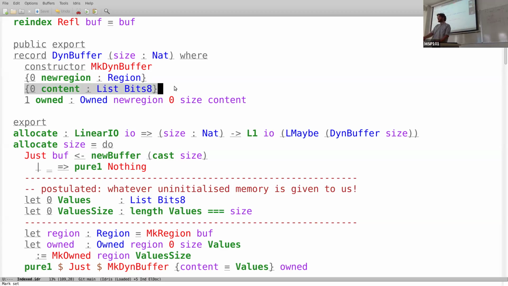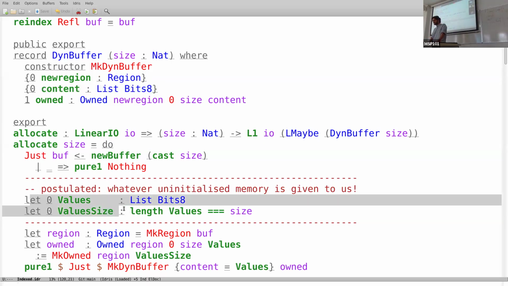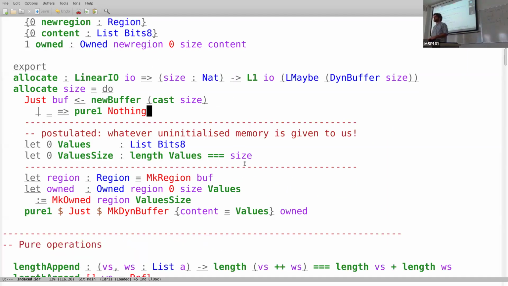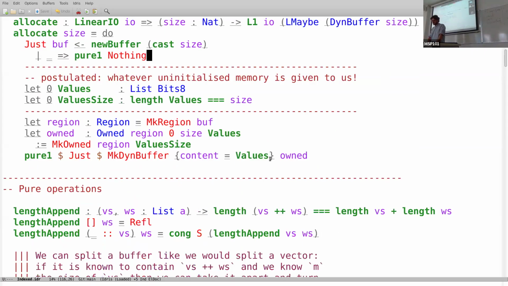If you were to allocate with a public export, then you could actually notice that it's always the same postulate that's being fed as the content. Therefore, you could prove in theory that allocating two different buffers gives you exactly the same content at the start. That's not something you want to be able to prove because we're not making any assumption about whether it's initialized or not. So it is crucial here that everything is just export, not public export. Yeah, both the data types and also the functions.